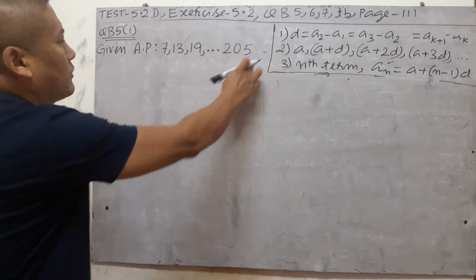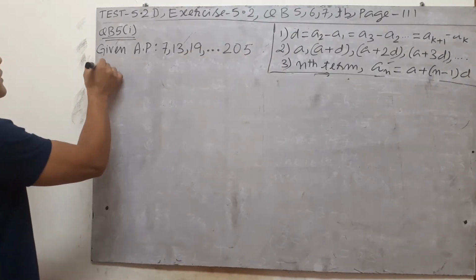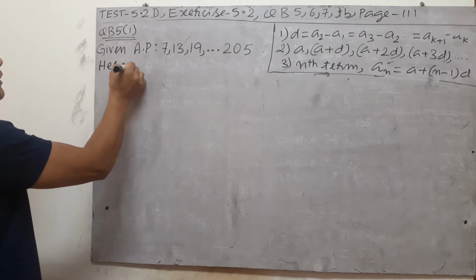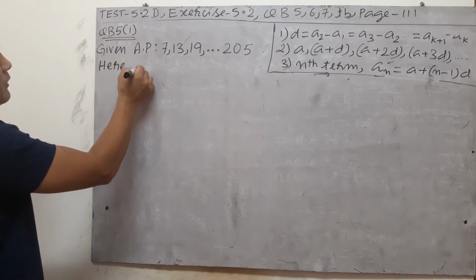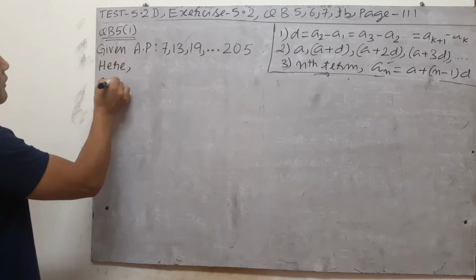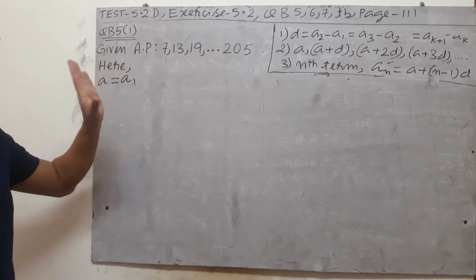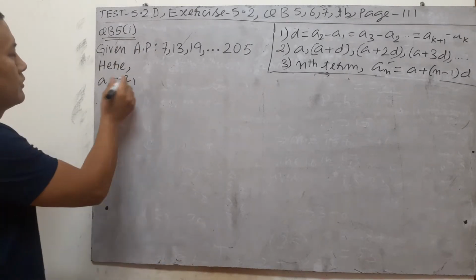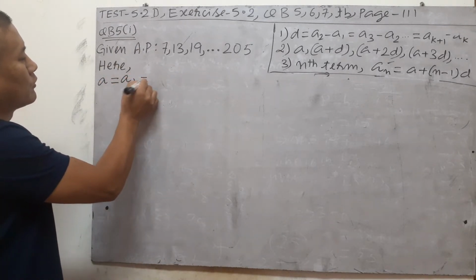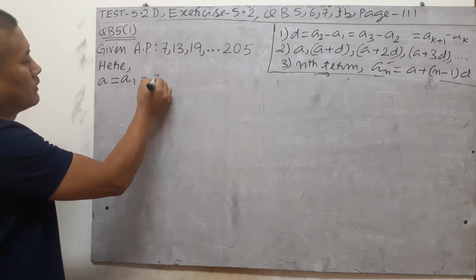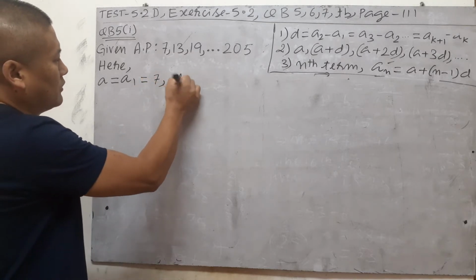How many total terms? Okay, so from this given question, we have the data for the first term, A or A1, whichever, is the first term. We can use either of these or both, and that is 7 clearly. Then the common difference is what we'll need.